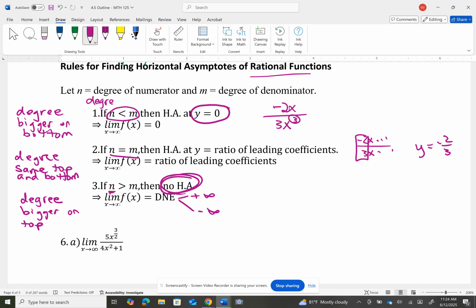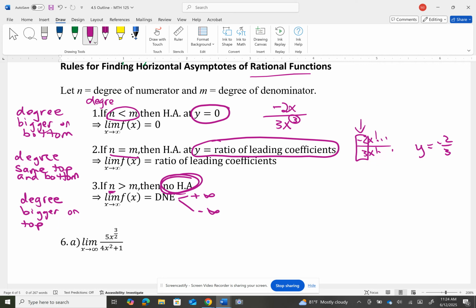Okay. Then if you have a situation where the degree on top and bottom is the same, like on the example we did, number 5b, then you will have a horizontal asymptote, but it won't be equal to 0. It'll be equal to some number that can be found by just taking the ratio of the leading coefficients.